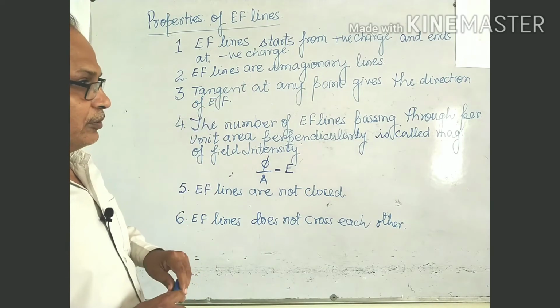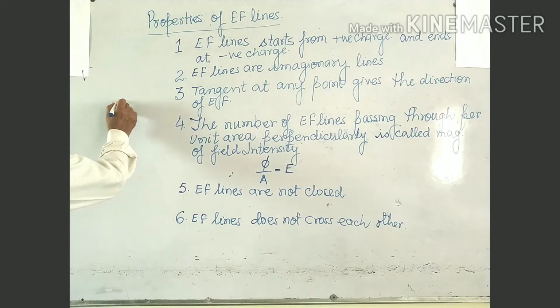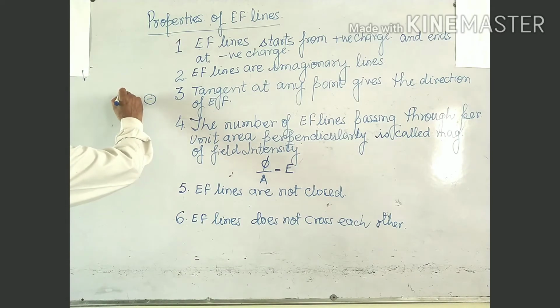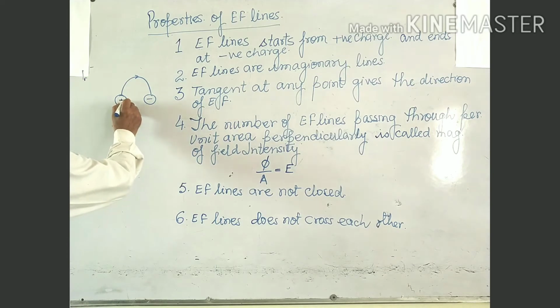Tangent at any point means what? Suppose this is a positive charge, this is a negative charge, and these are the electric field lines.